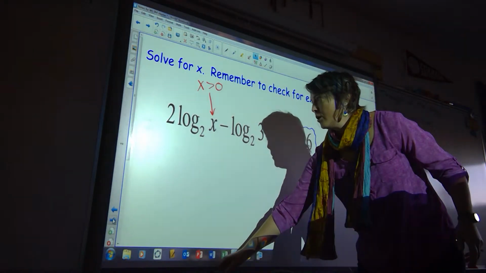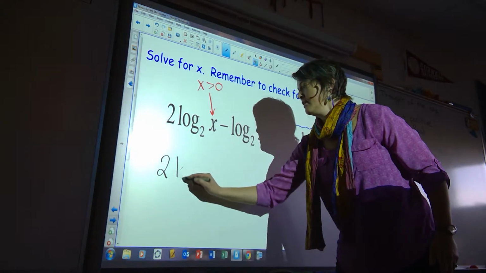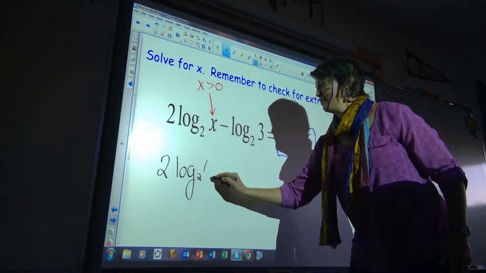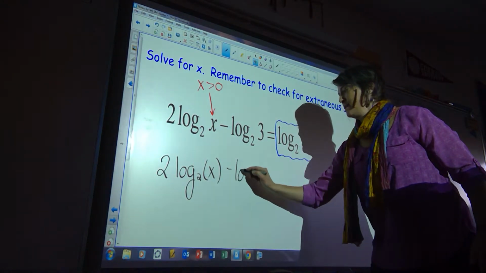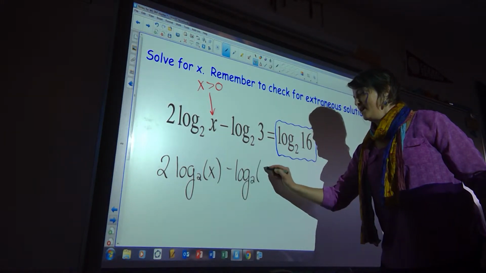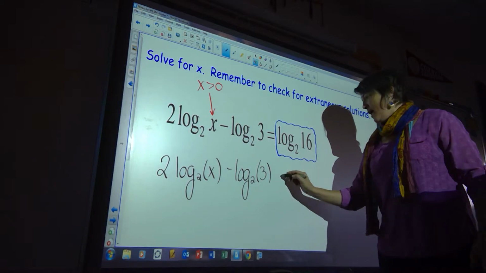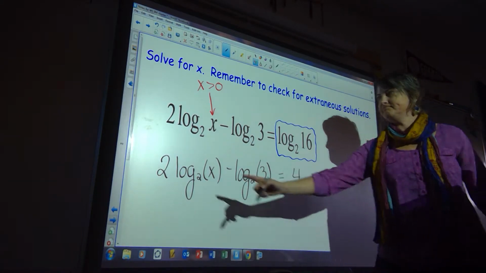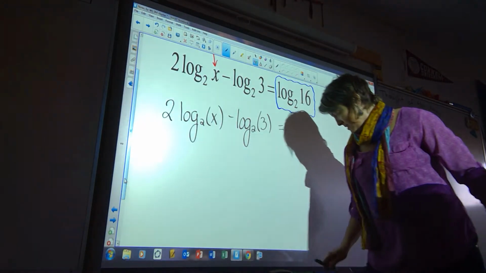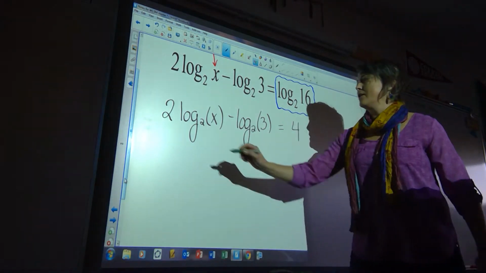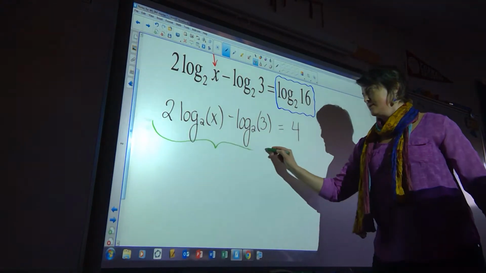Okay, so 2 log base 2 of x minus log base 2 of 3 equals 4. I'm not going to do anything about this one. I'm going to condense it. So now I'm going to go ahead and condense these 2 logs.